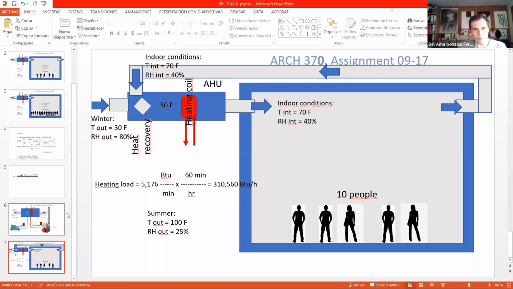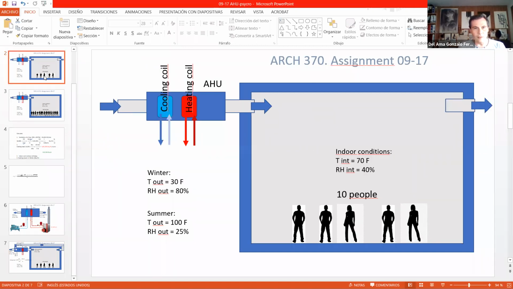So is it clear what we have done? We are solving the problem, but in different aspects. We have to understand the problem, and understanding the problem is the winter, summer, outdoor conditions, indoor conditions, number of people, CFM. We need the air handling unit, we need heating, cooling, and ventilation, so we can do everything with the air handling unit. Okay, so let's calculate everything.